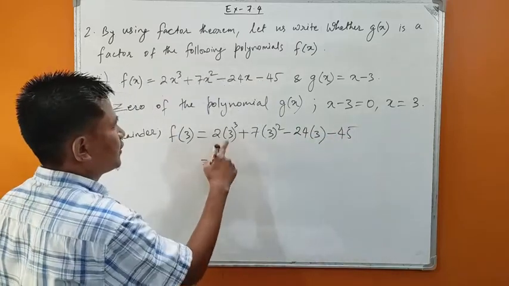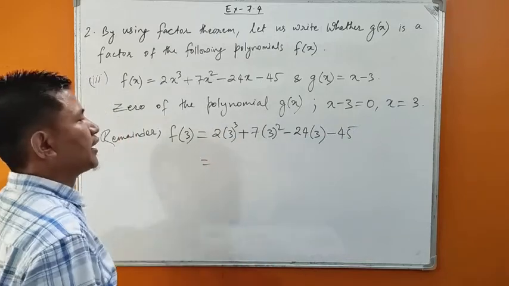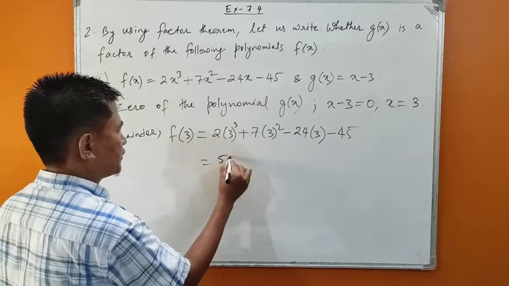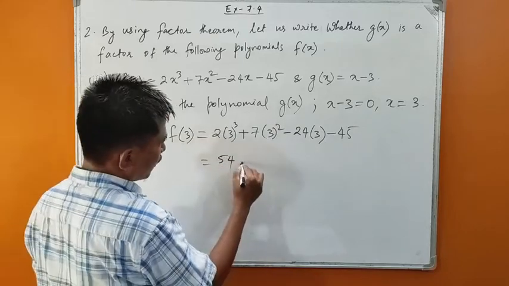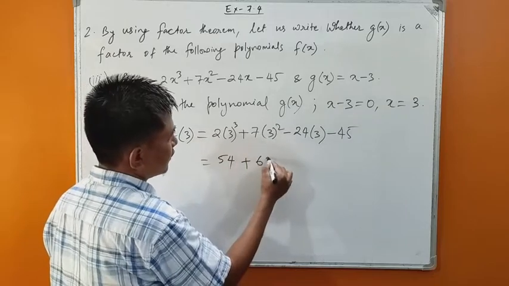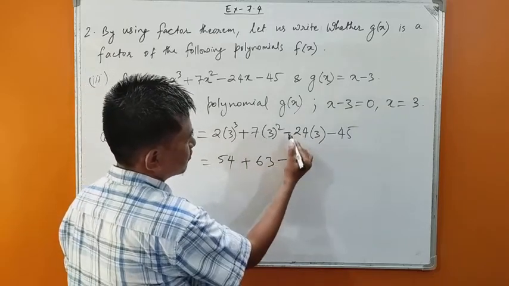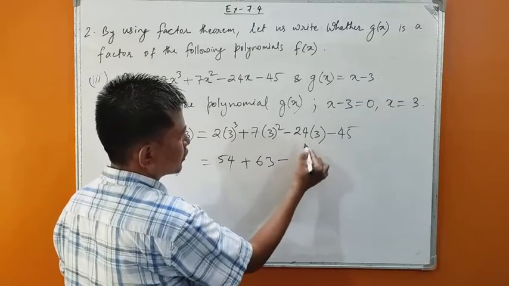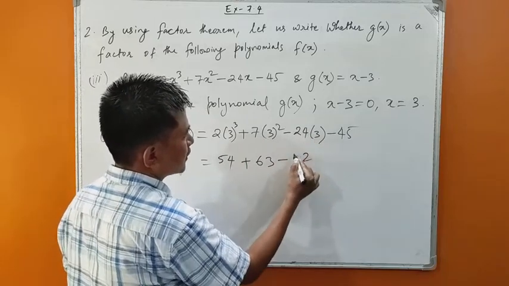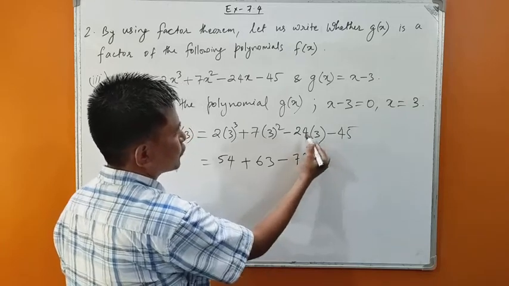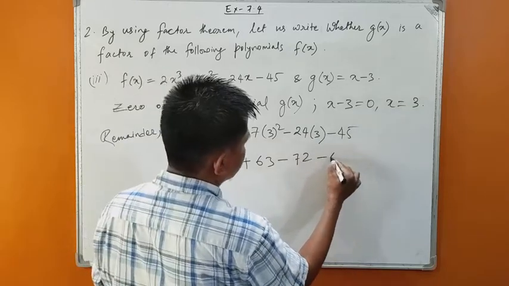Okay, 3 cube means 3 3s are 9, 9 3s are 27, and 27 2s are 54, isn't it? Plus 3 square means 9, and 9 7s are 63, minus into plus is minus. 3 24s are 72, and minus 45.